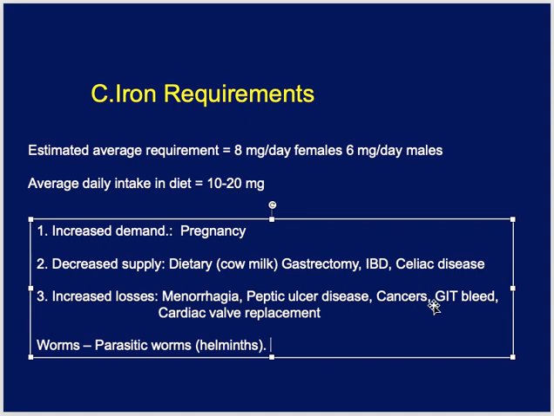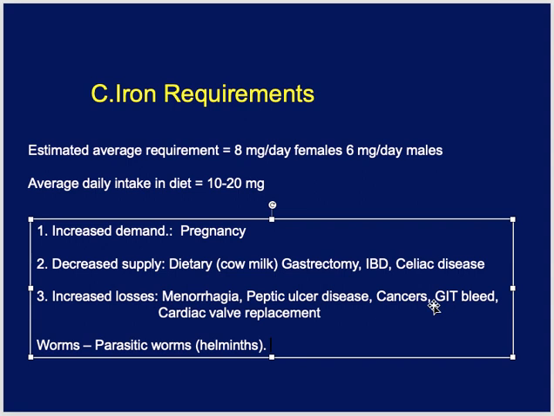We give them albendazole or mebendazole to kill these parasitic worms in them. So all these things can cause iron deficiency anemia. One of the causes can be repeated blood donations as well, though it is a very rare thing.